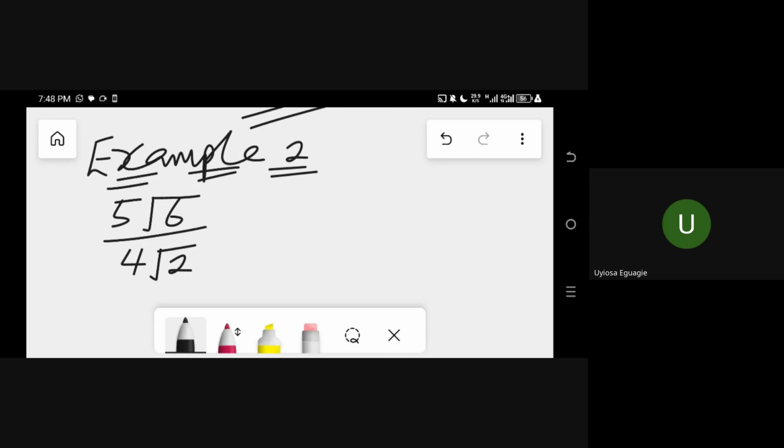So this is what we are trying to solve here.